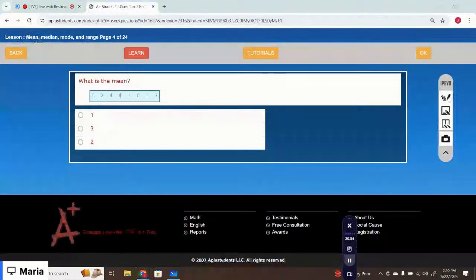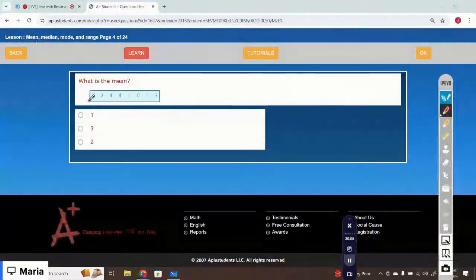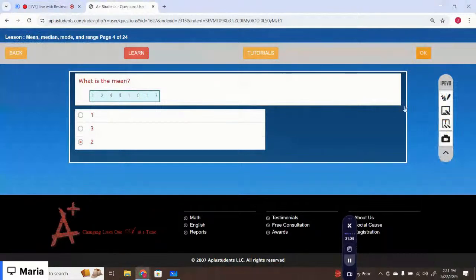The first thing is let's count how many values there are: 1, 2, 3, 4, 5, 6, 7, 8, 9, 10. Then we add them up and divide the sum by the number of values. So the mean is option 3, which is the correct option.